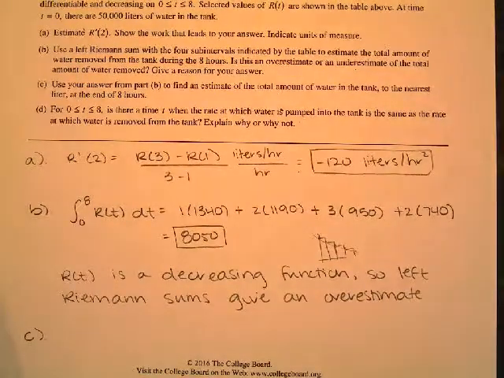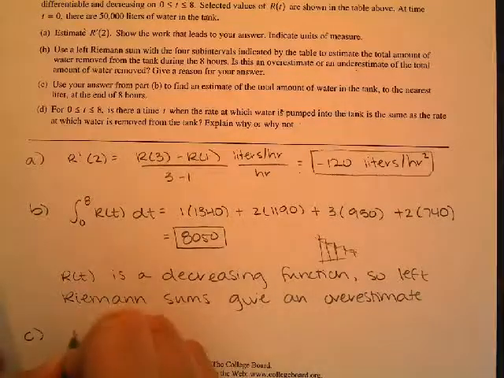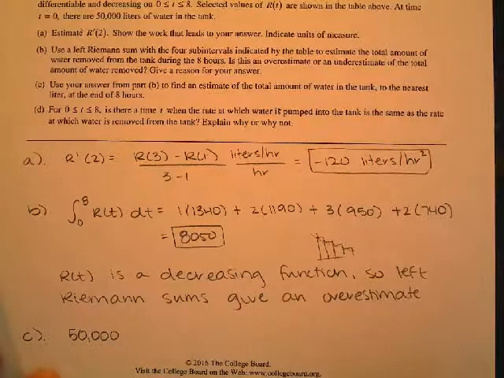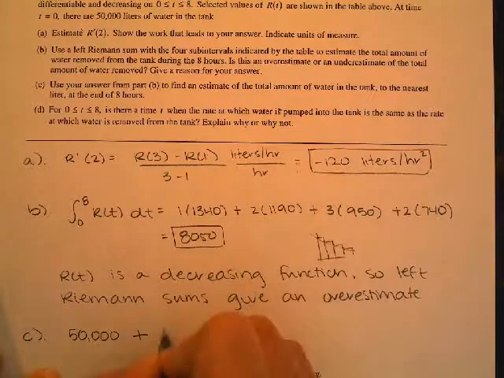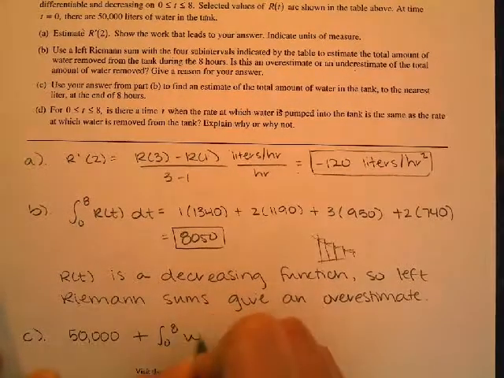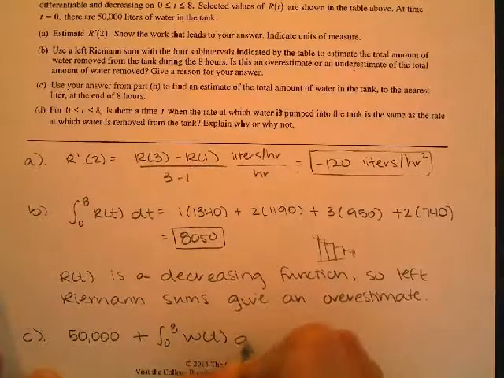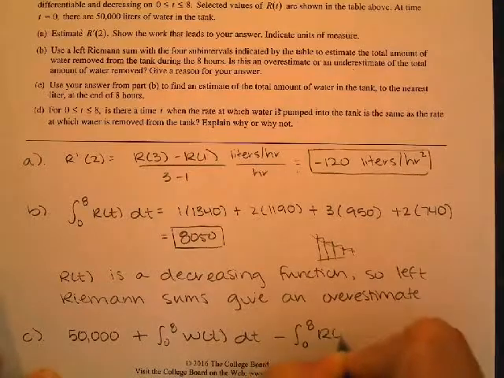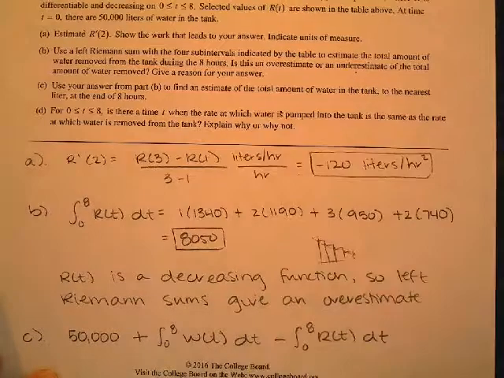Part C says use our answer from B to find an estimate of the total amount of water in the tank to the nearest liter at the end of 8 hours. So we're going to say at 0 you start with 50,000. You add the water that's being pumped in. You subtract the water that's being removed.